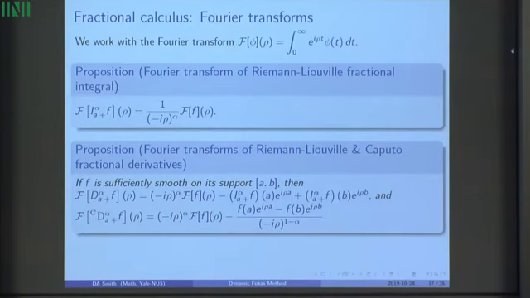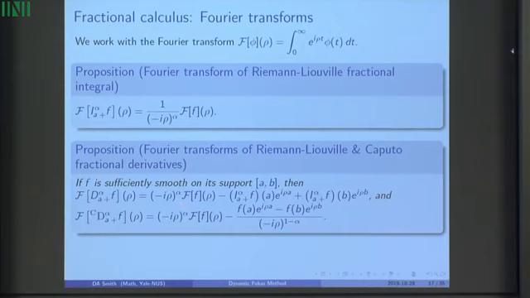Okay, how do these interact with the Fourier transform? Well, if you take the Fourier transform of a fractional integral, then it does what you'd expect, right? You multiply by minus i rho to the minus alpha. And for fractional derivatives, again, it does what you'd expect.